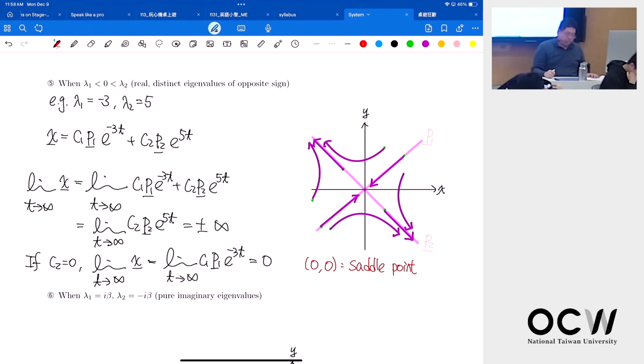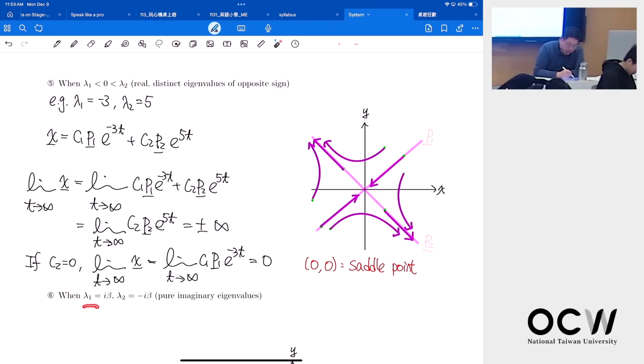Now, we just considered all the possibilities of the eigenvalues being real, and positive or negative. What if the eigenvalues are not real values? They are complex numbers. First, just pure imaginary eigenvalues.